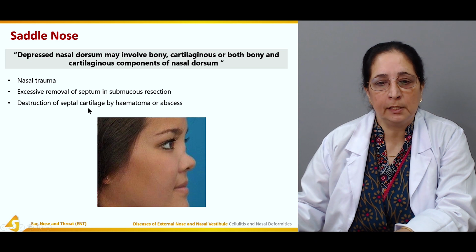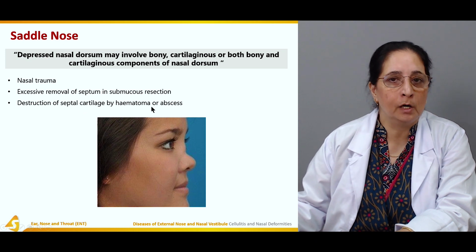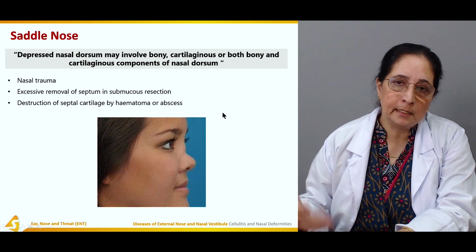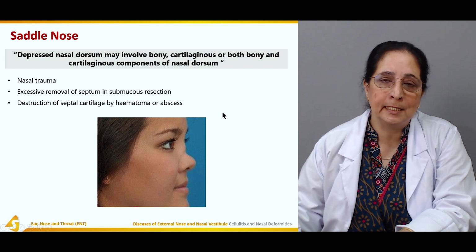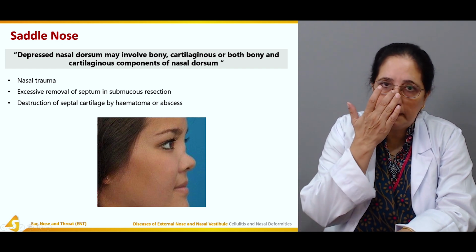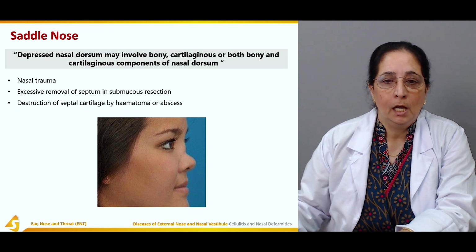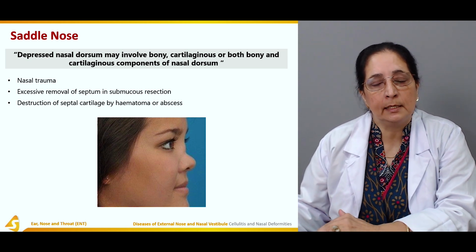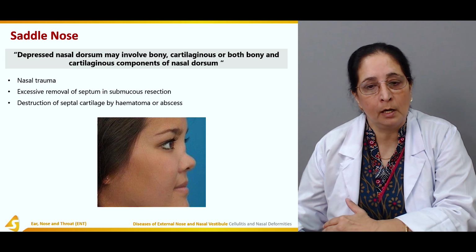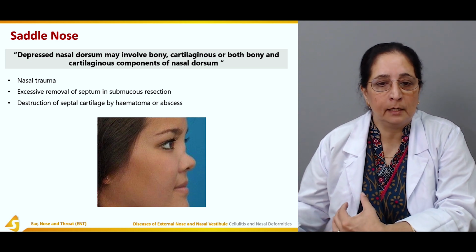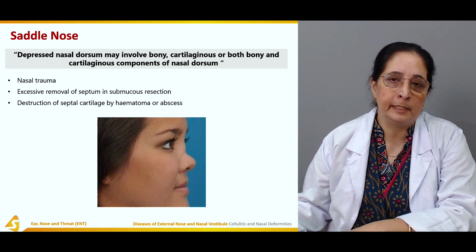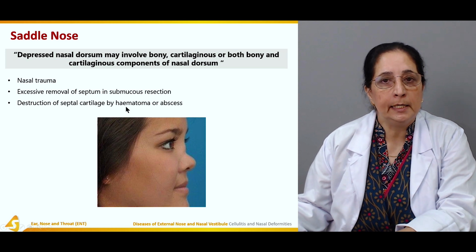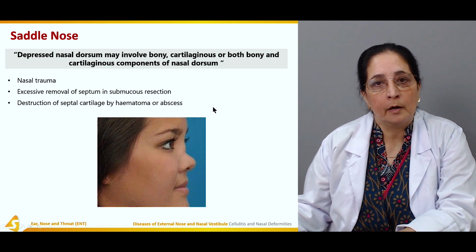Destruction of septal cartilage by hematoma or abscess. So all these are the different causes of the saddle nose, in which there is depressed dorsum of the nose, and this can be due to trauma, due to excessive removal of the septum, or destruction of the cartilage by hematoma or abscess.